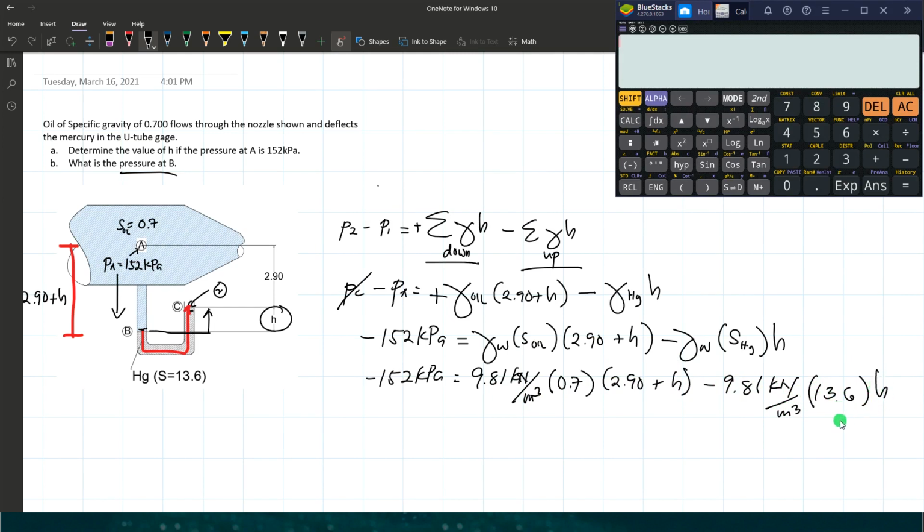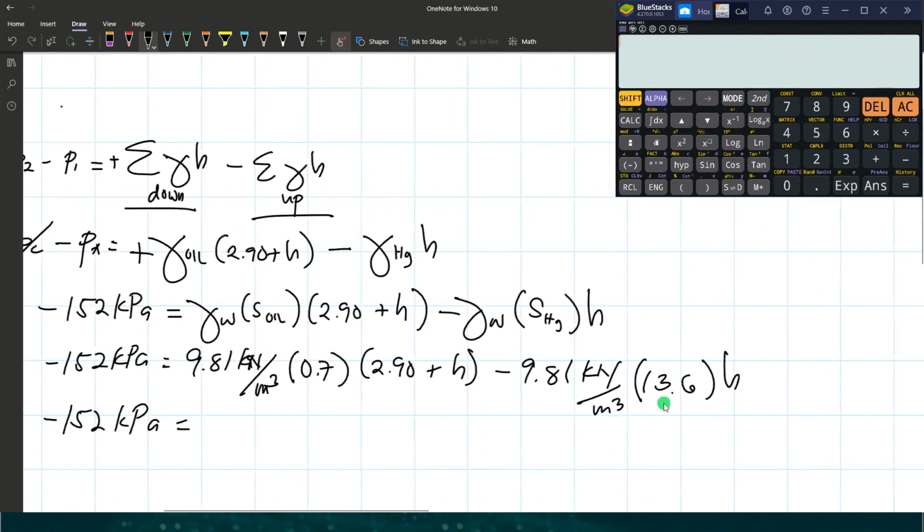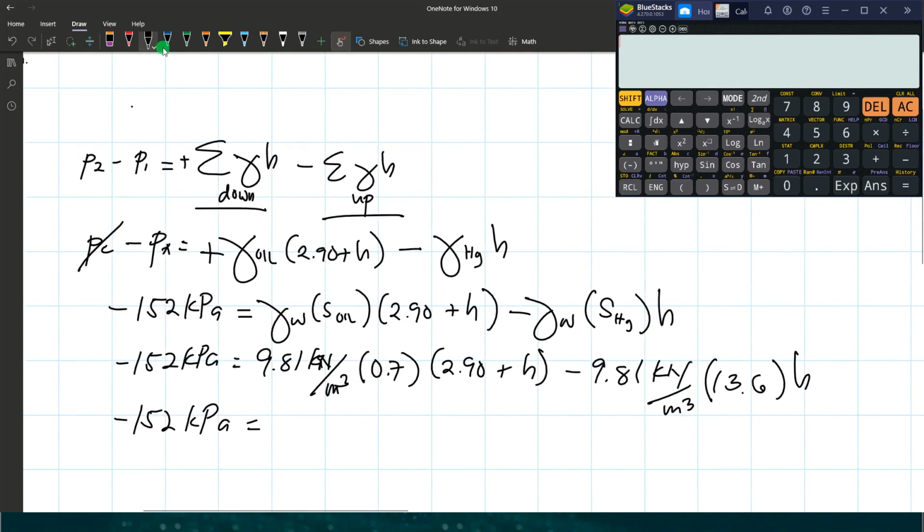Let's simplify the equation by evaluating first the other terms. 152 kilopascal is equal to, we multiply first 9.81 by 0.7, which is 6.867.